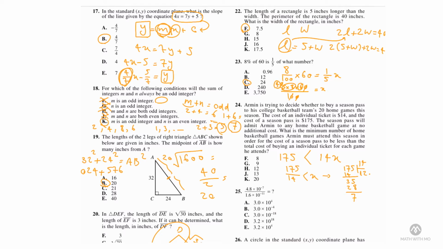I'm going to get a decimal, so it's going to be 7, and I'll get 0, and then I can put 5. So basically it says he needs to attend 12.5 games, but we do not have 12.5 games. We cannot attend half a game, right? So it's either one game or nothing, right?